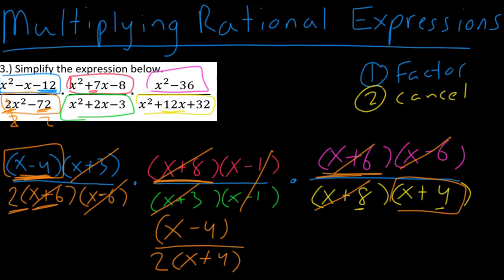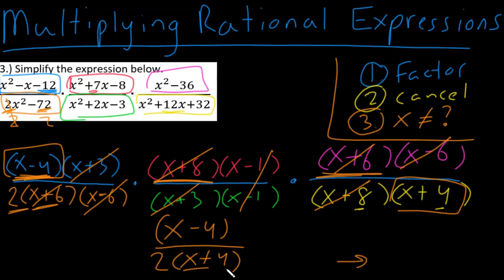Now we're almost done, but not quite, because the last thing we want to do is find out what x cannot equal. That's actually really easy. All you do is take your denominator, so in this case we have this 2x plus 4, but you don't even have to worry about the 2, you just have to worry about the x plus 4. Whatever factors you have, you set them equal to 0.